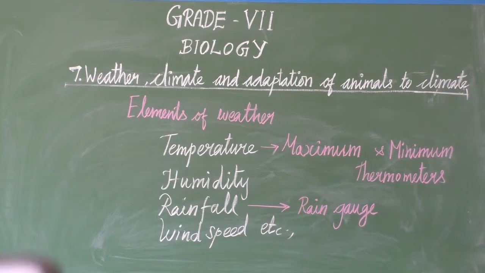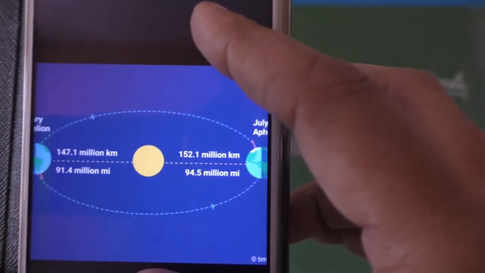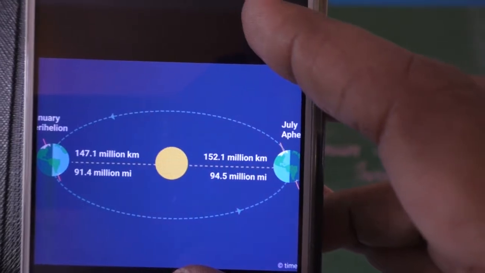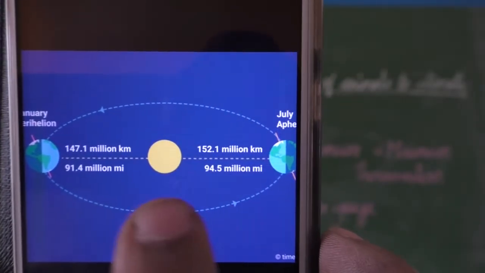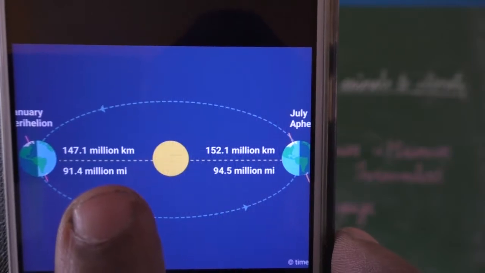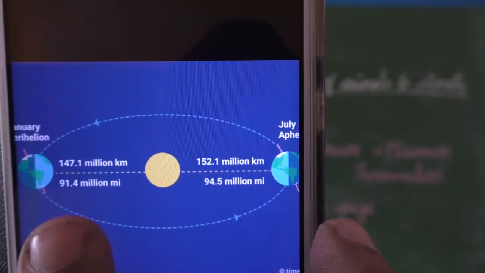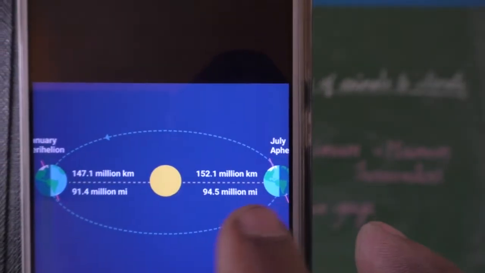Look here, children. The distance between the Sun and the Earth also plays an important role in determining climate. See the distance, 147.1 million kilometers on this side, and 152.1 million kilometers on the other.